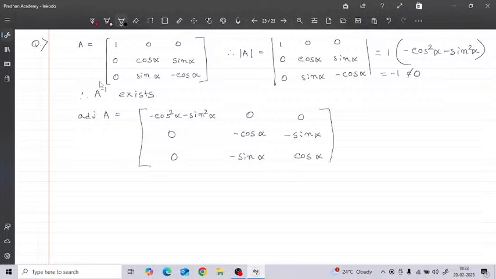So this is my adjoint transpose. We'll get mine.